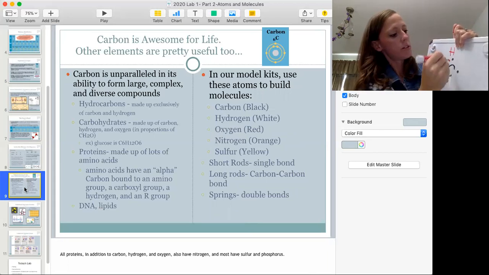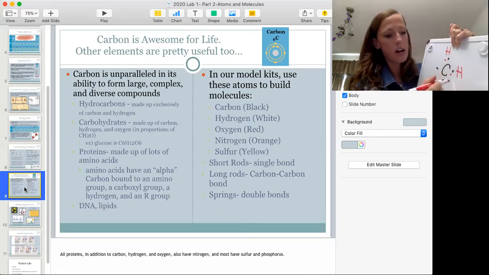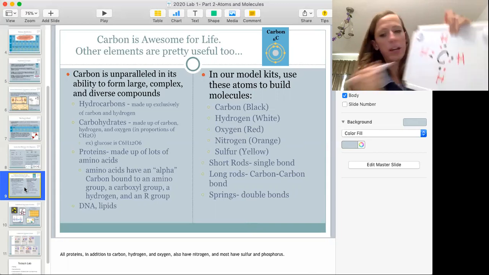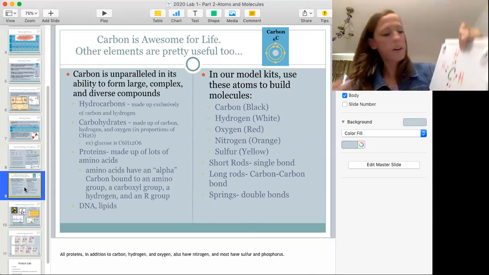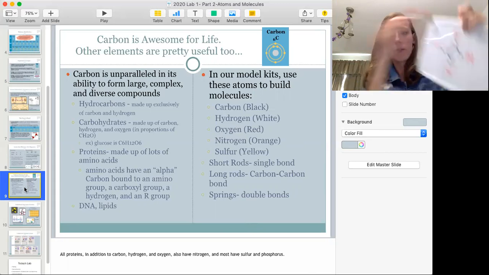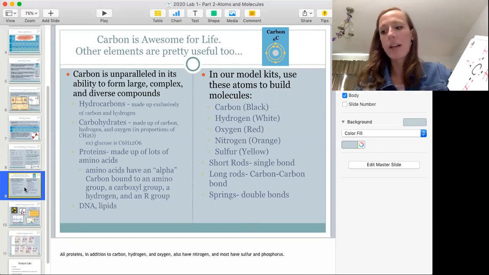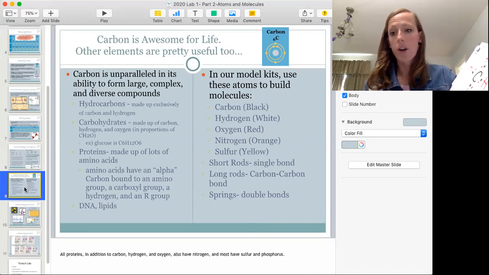So there could be 4 different hydrogens associated with that, and that makes methane, okay, CH4. Or it can form lots and lots of other bonds, like we just talked about with carbon dioxide.